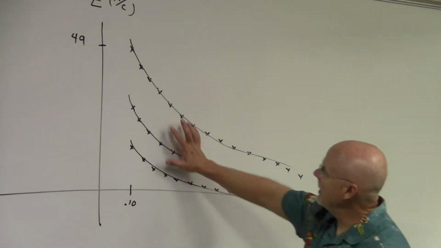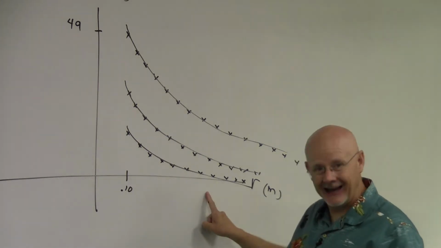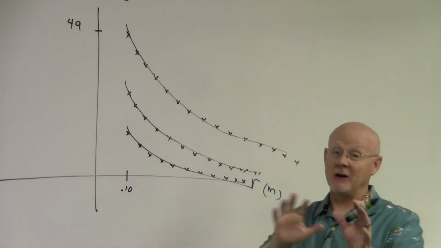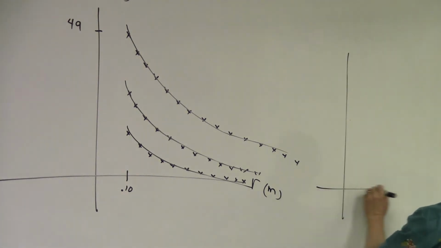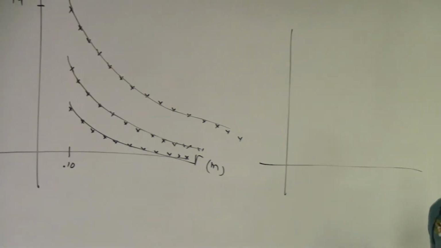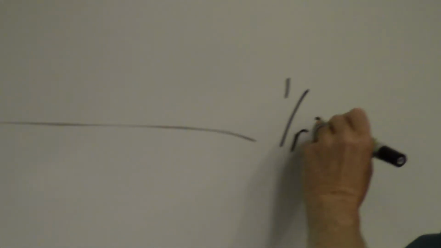Instead of having a complicated plot, we have a complicated axis. Here's what I mean by that. You are going to then plot the electric field versus 1 over the distance squared.